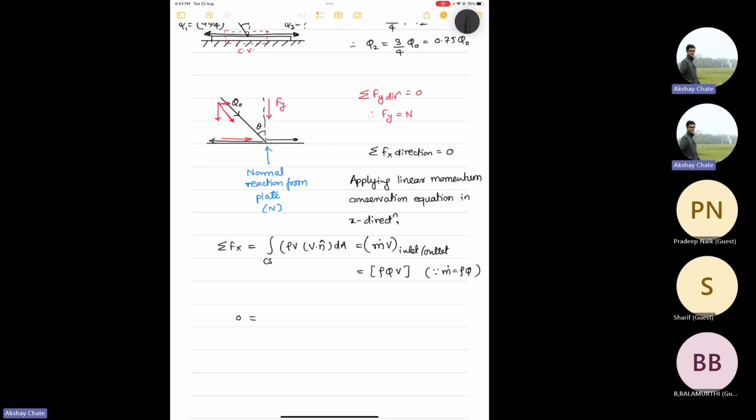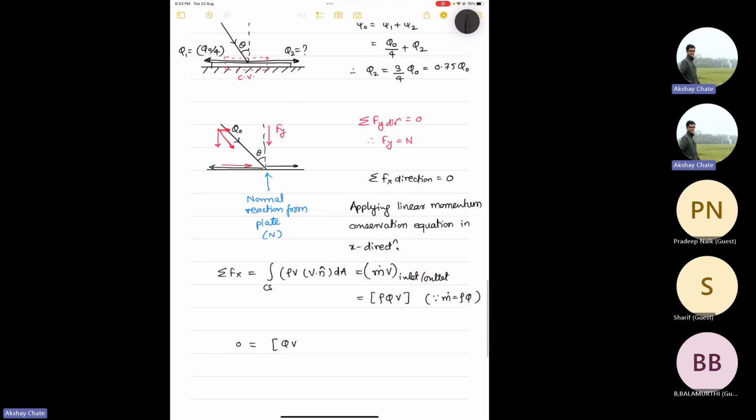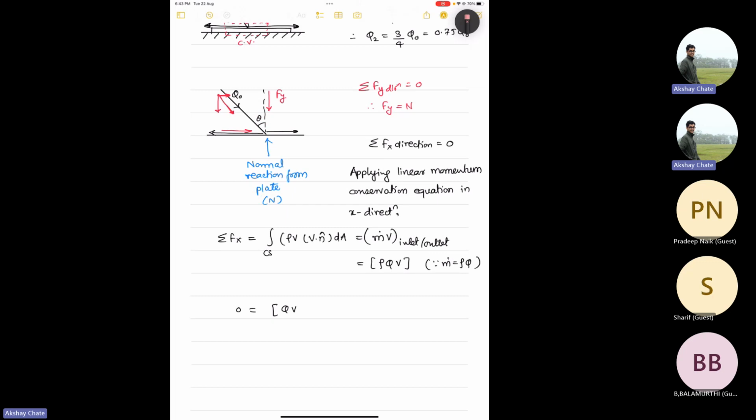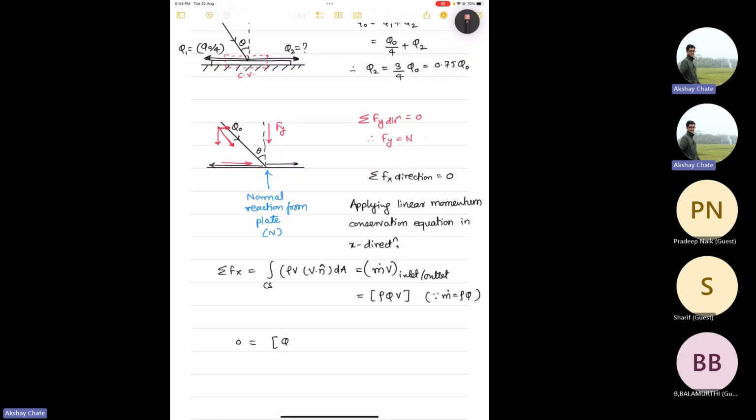And since rho is also the same, it is water, so instead of rho Q V we can just write Q V. Let's consider Q2 first: Q2 V2 plus Q1 is also going out of the control volume, so Q1 V1, and minus Q0 V0. Let's say that it is coming with the velocity V0.